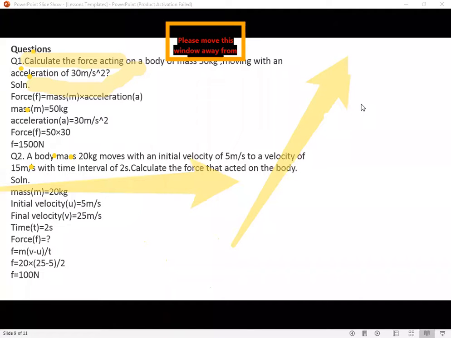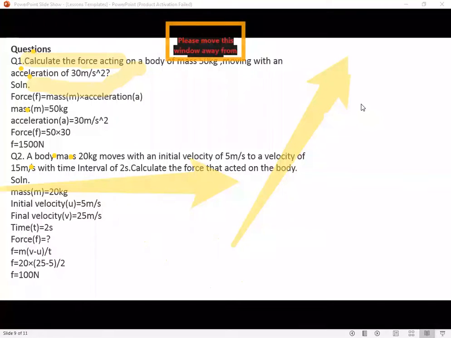So you just multiply the two, and you get F equals what? 1,500 what? Newton. 1,500 Newton.